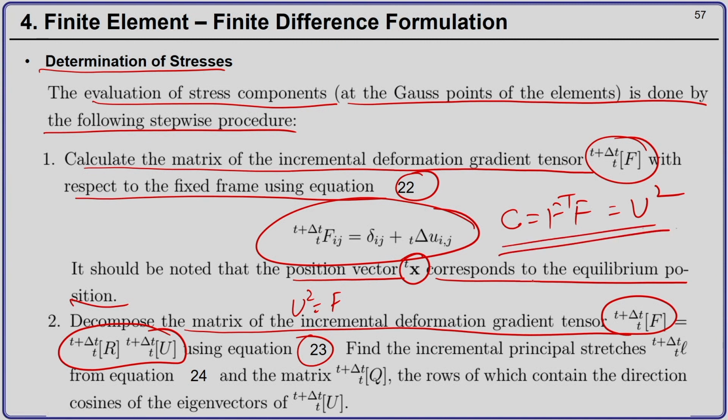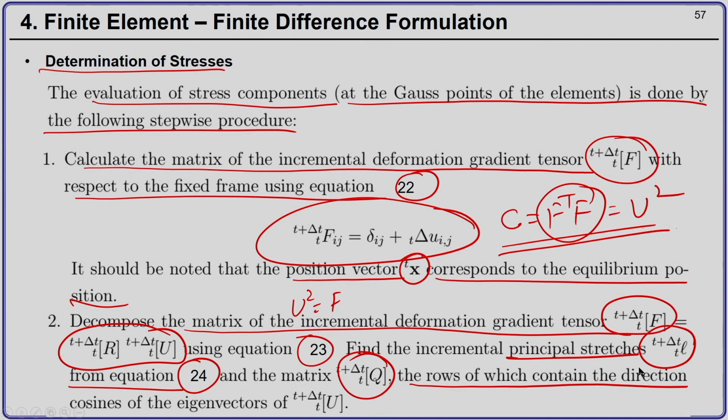So, we find F and then we find F transpose F to get U squared, and from there we find the principal stretches from equation number 24. We also determine the matrix Q, the rows of which contain the direction cosines of the eigenvectors of the right stretch tensor U.